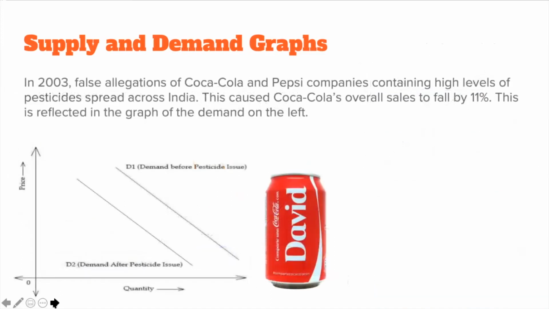And then a real life instance of demand decreasing was in 2003. There was a false allegation of Coke and Pepsi having pesticides in their drink. This decreased the sales revenue in India by 11%, and this caused the graph to have a downward shift.